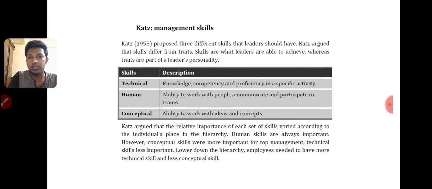So, management skills. Management should have technical skill, human skill, and conceptual skill. Technical skill means if any problem occurs, you should understand where it comes from. It's like a network. If you receive an advance from a customer, once the advance is received, it's debited to the advance received from customer account.